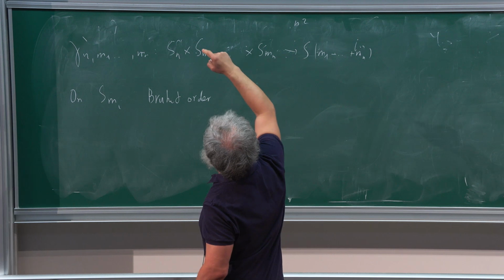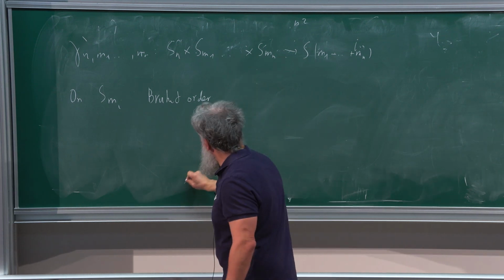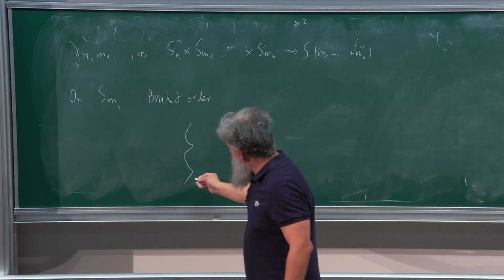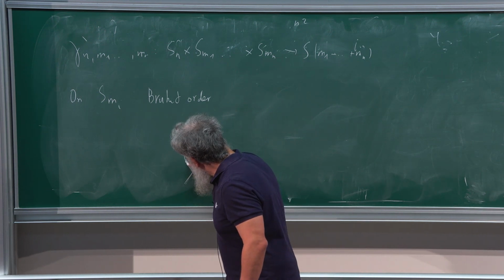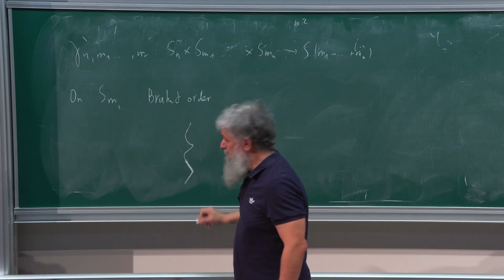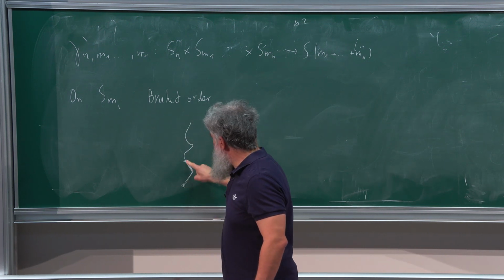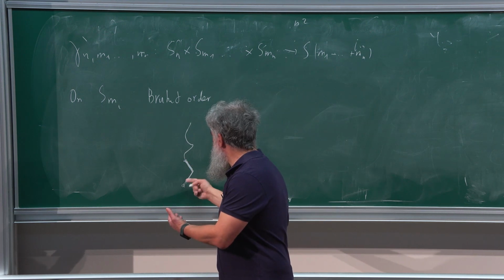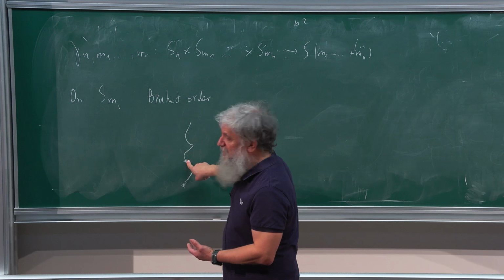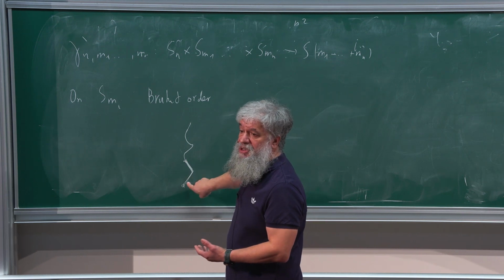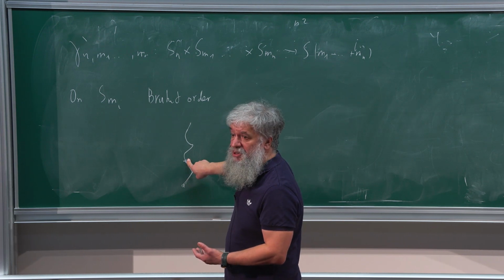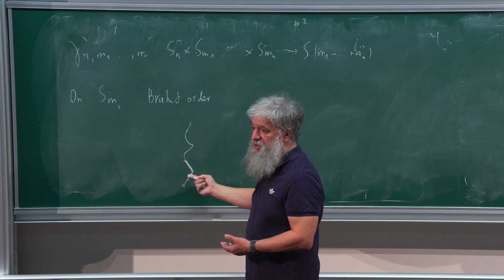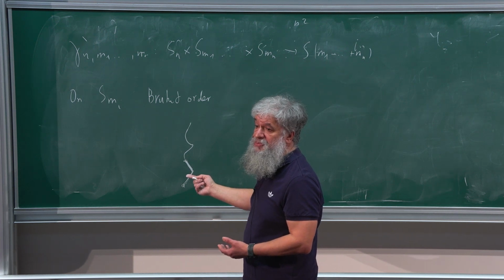If we look at the paths, and imagine a corner like this one, two consecutive edges that look like this, it means that this vector is bigger than this one. So this number for this vector is bigger than this number. Therefore, such a corner corresponds to an inversion in the permutation.